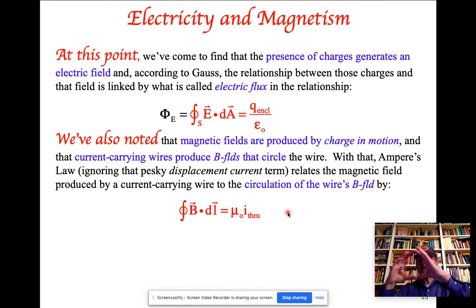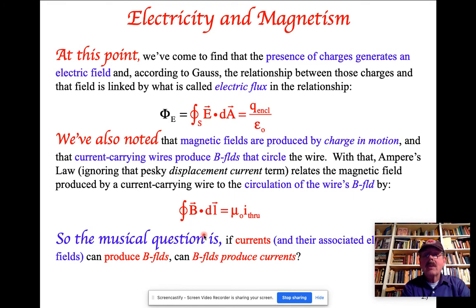So here is your bounded path. If you had current passing through the face of the path, you would end up having some non-zero circulation of B around that path. Okay, this is a very obscure way of saying that if you have a current carrying wire, you will generate a magnetic field.